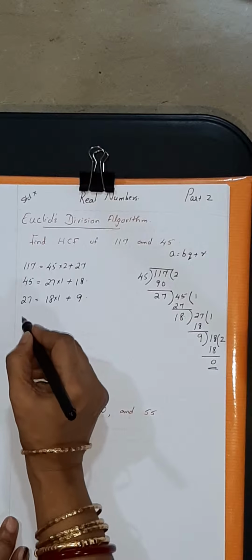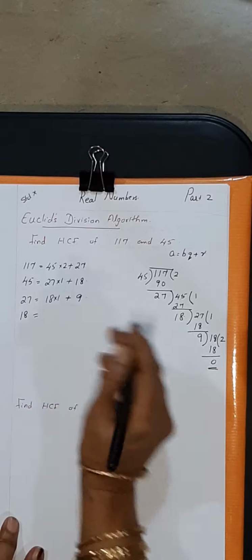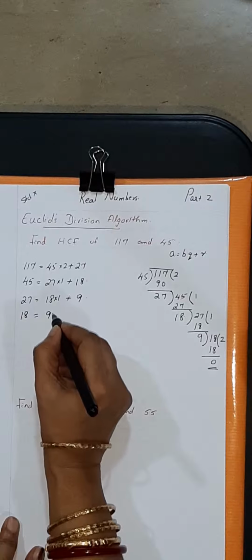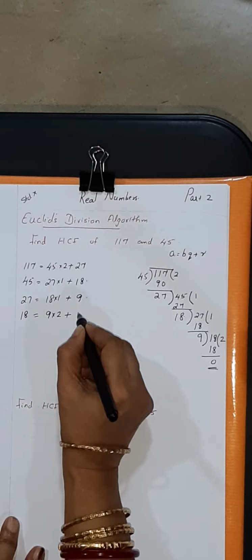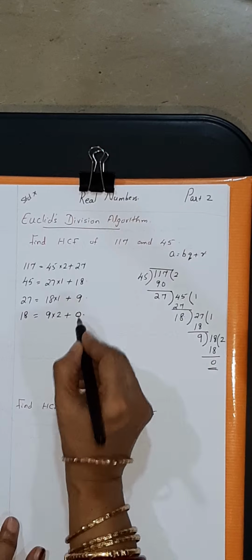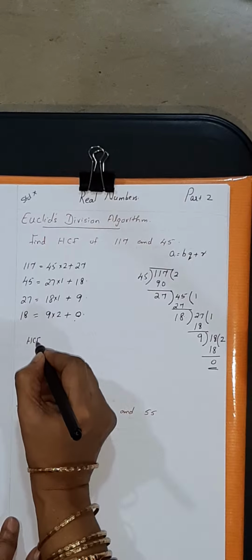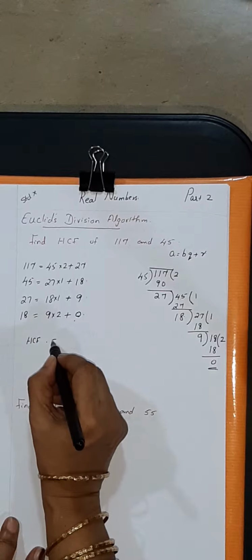Now 18 is equal to 9 into 2 plus 0. So you finally got the remainder as 0. Now your HCF is 9.